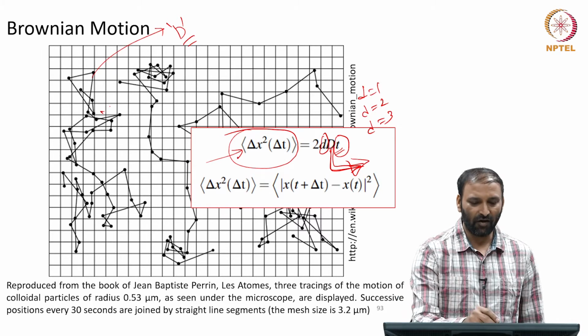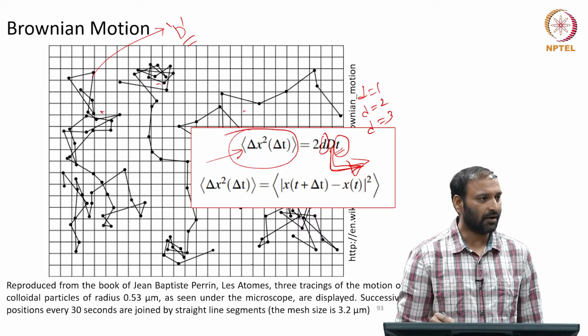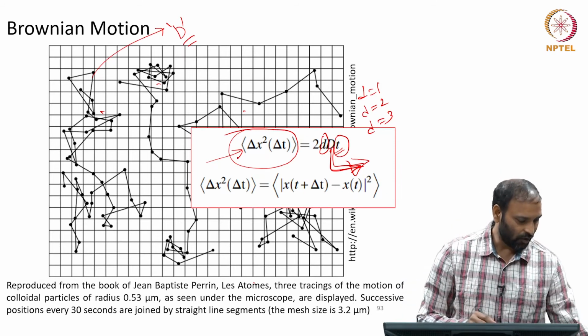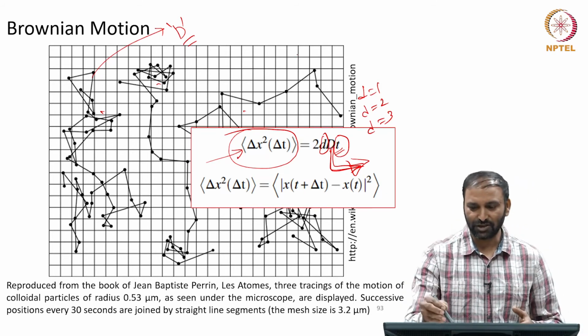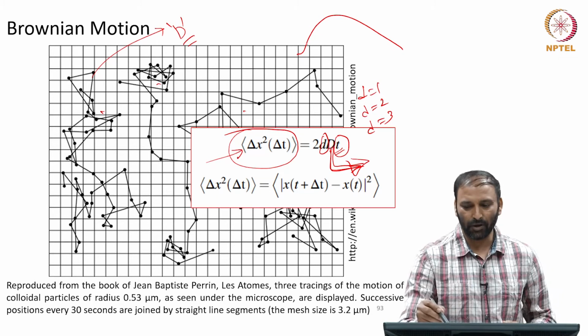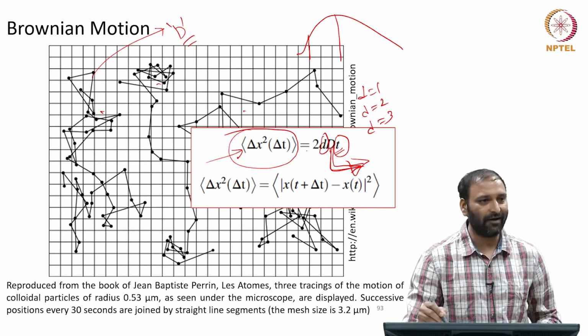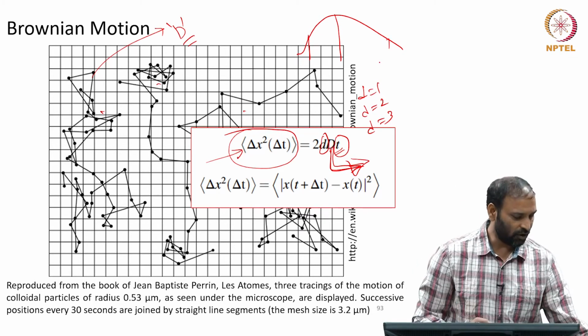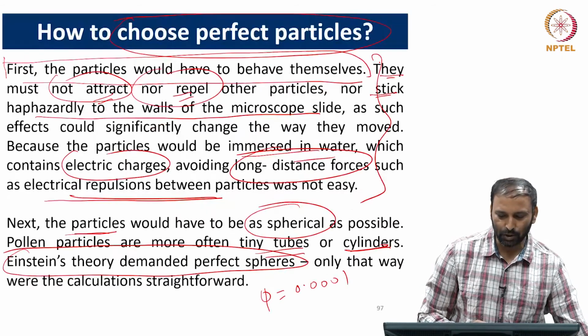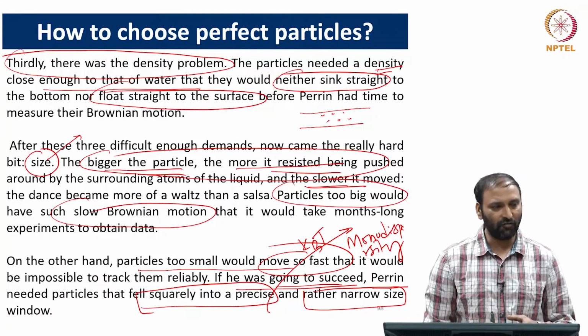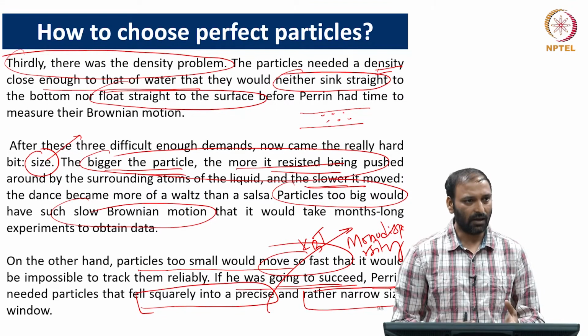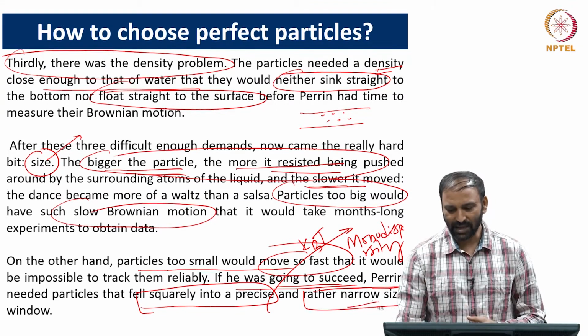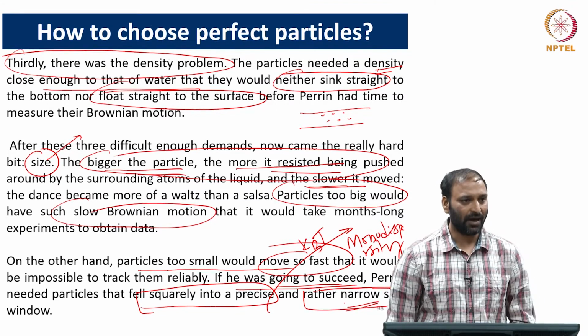Now if they are of different sizes, then I am going to get different values, right. If the size distribution is too big, the value depends upon whether it is the small ones or the average. So therefore he really needed to choose particles which are of a particular size, and they also have to be as narrowly dispersed as possible.